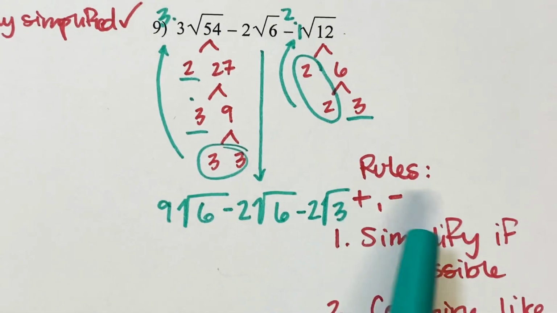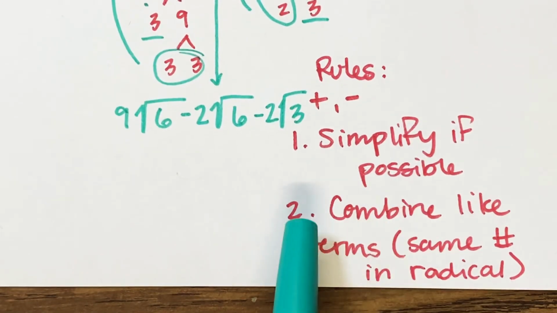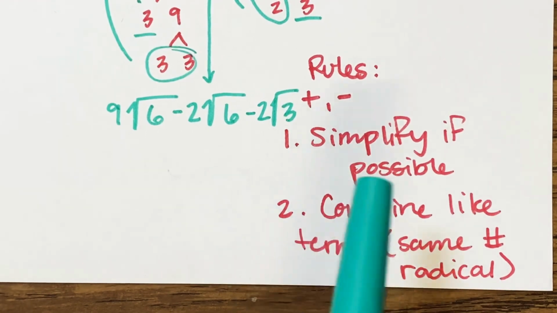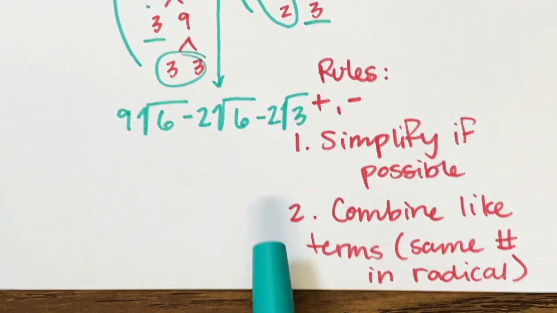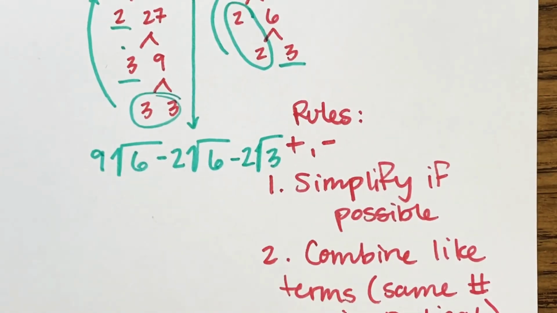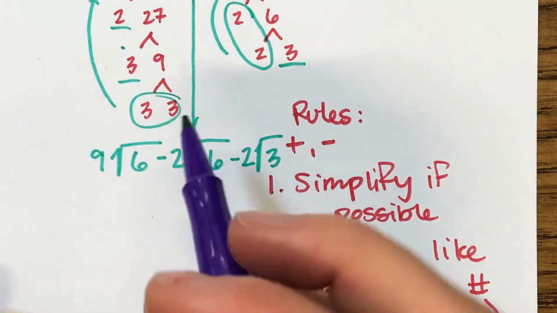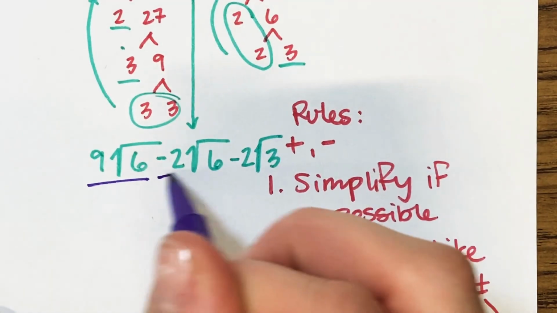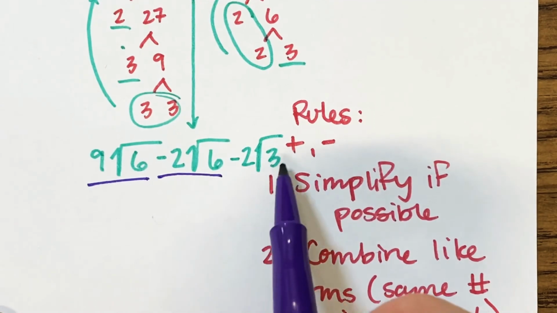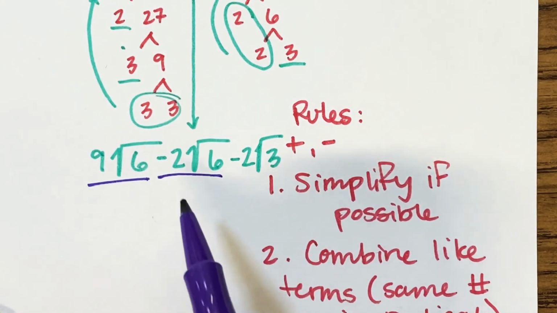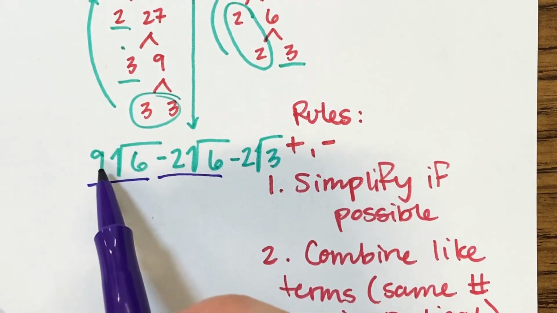Okay, so we did rule number 1. We simplified if possible. Now we need to combine like terms. Which ones have the same number inside the radical? Okay, I see 9√6 and I see -2√6. We can't combine it with √3. Those aren't the same. So the only ones we can combine are 9 minus 2.